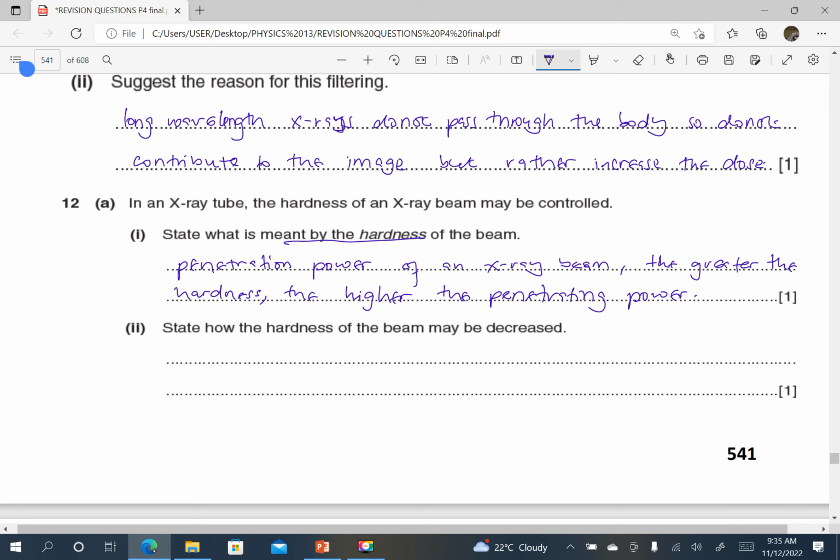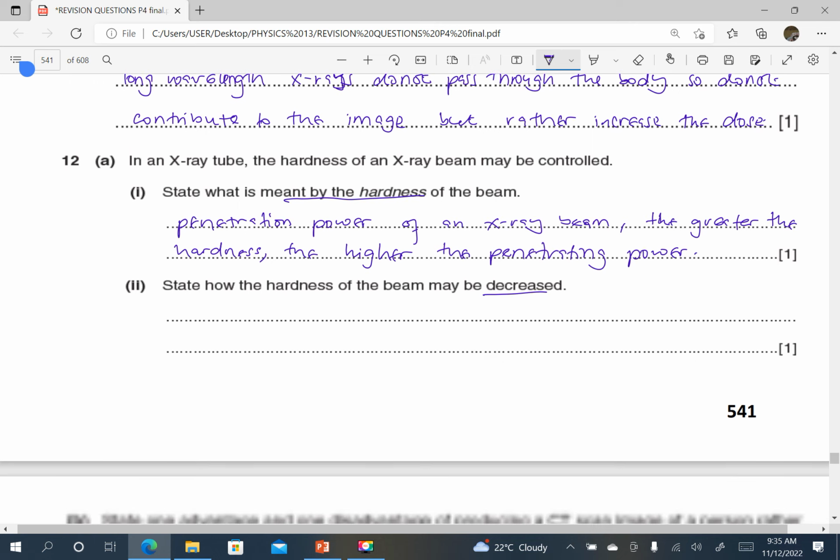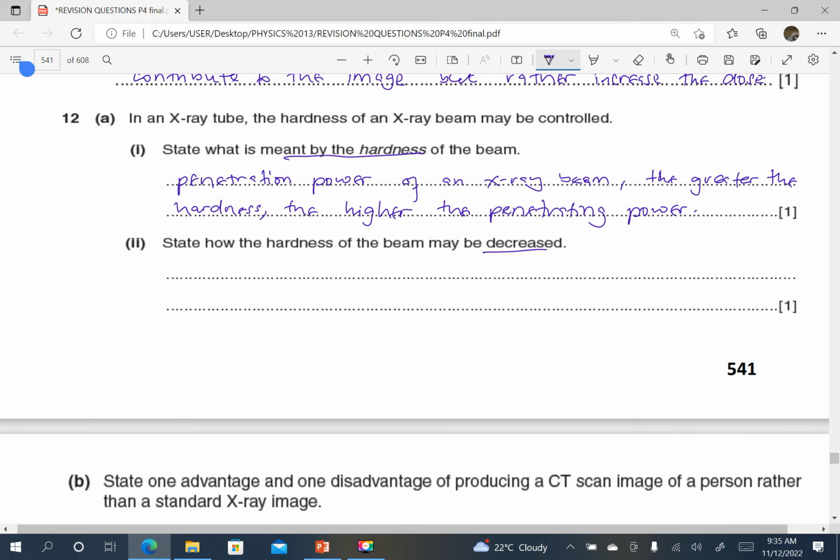State how the hardness of the beam may be decreased. Now this time we are decreasing. The other time it was increasing, where we increased the accelerating PD. So this time we just decrease the accelerating PD.